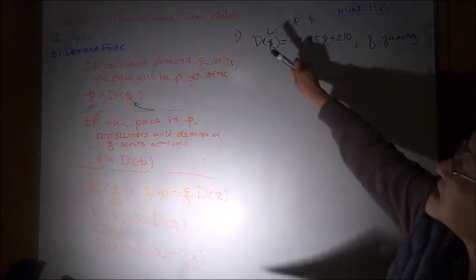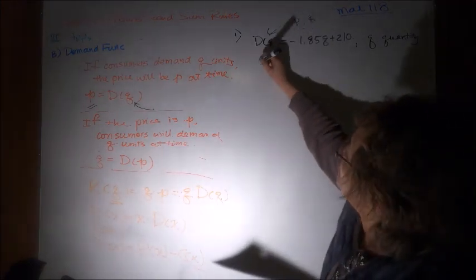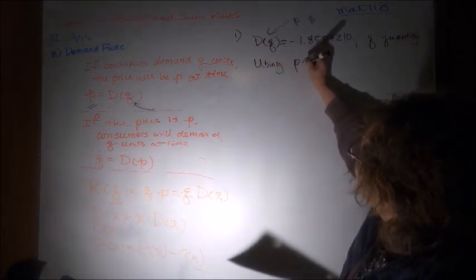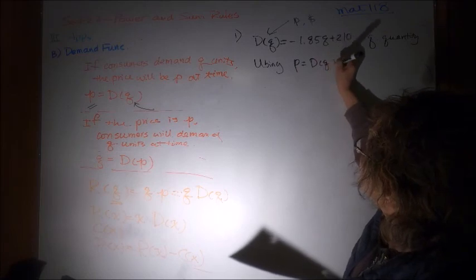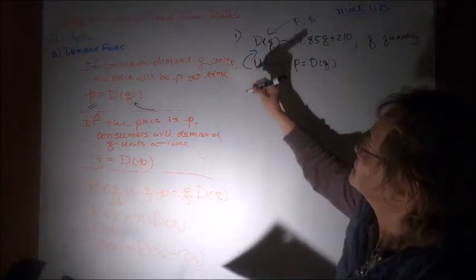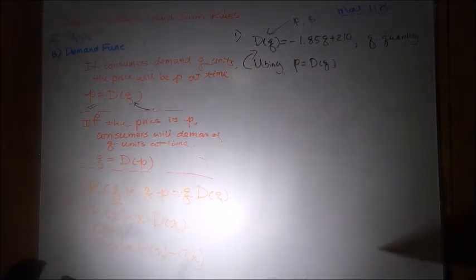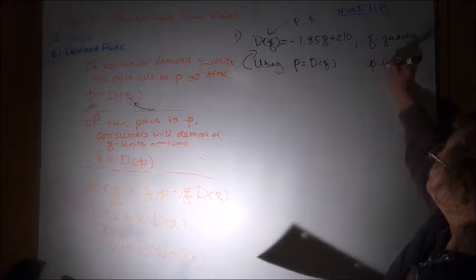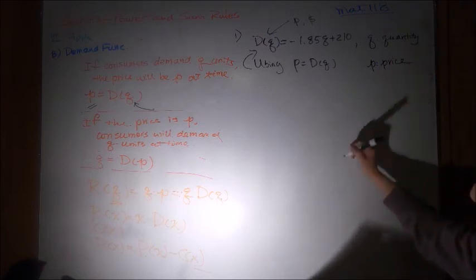Since it's given this way, we will use the price as D of Q. That's what it is saying. Then Q is your quantity, then P will be your price.